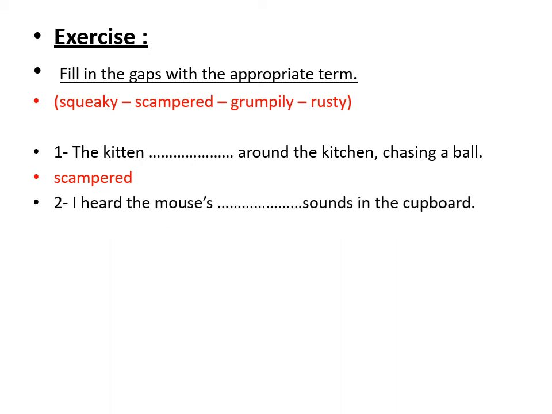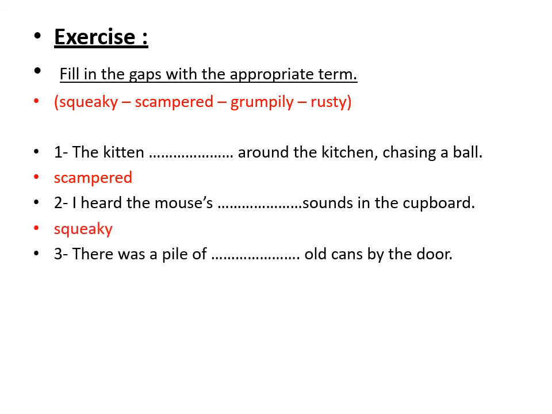Number 2: I heard the mouse's pace sounds in the cupboard. Now, mice are known to have this very special sound. What do we call the voice or the sounds of mice? Yes, squeaky. So, number 2's answer is: I heard the mouse's squeaky sounds in the cupboard.